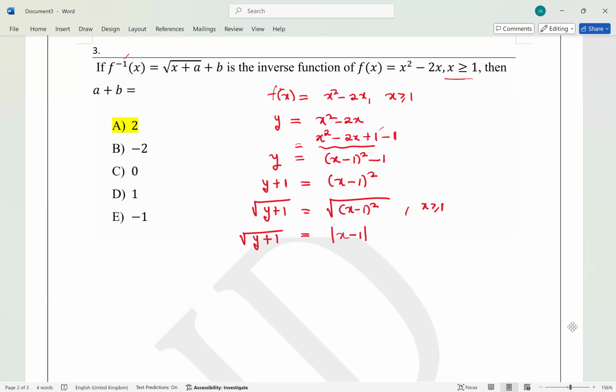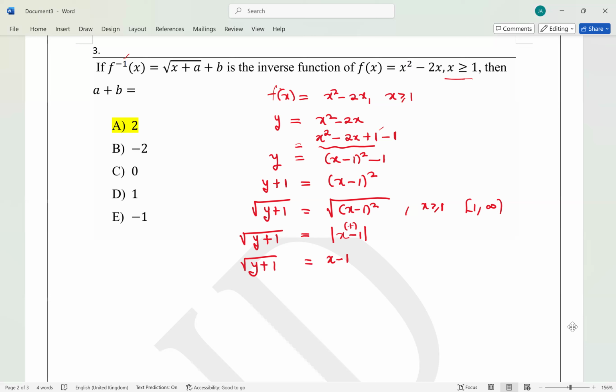So with this condition, we know that this is going to be always positive. It means you're taking x to be from 1 to infinity. Now, since the content of this absolute value is non-negative, it means we can remove the absolute value without any problem. So this is just going to be this.